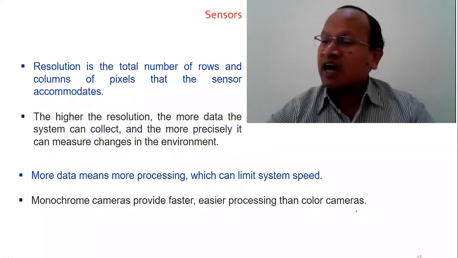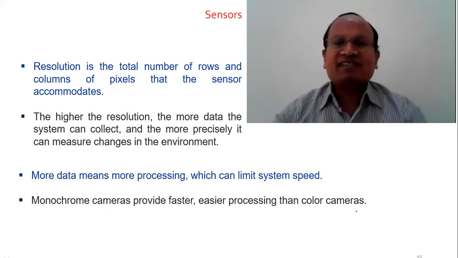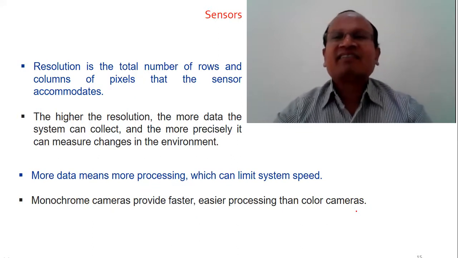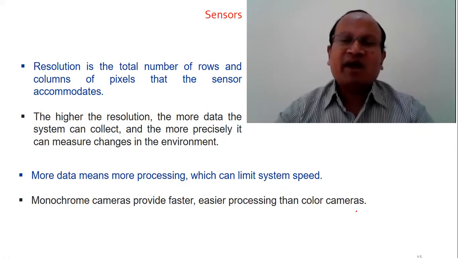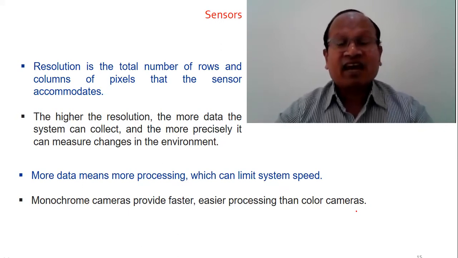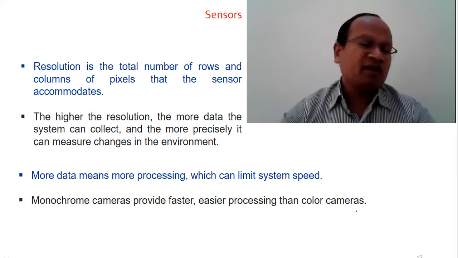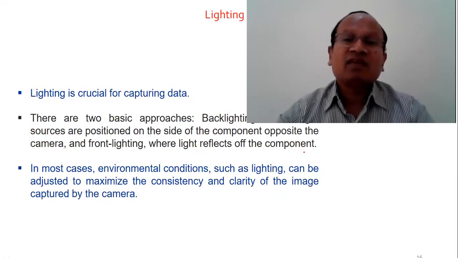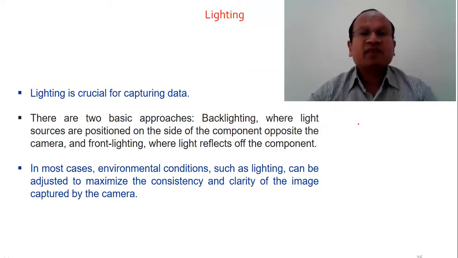The problem is that high dimensionality is involved. When high dimensionality is involved, it will demand more processing and the speed will be affected. Since computer vision involves sensor technology and image processing, lighting plays an important role.